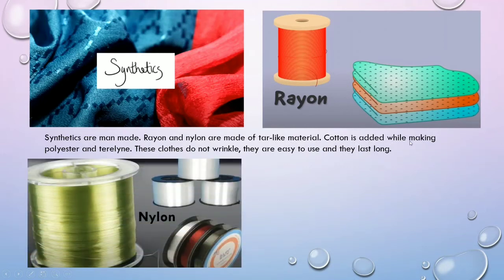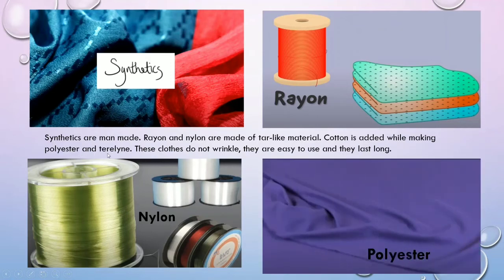Cotton is added while making polyester and terylene. These clothes do not wrinkle. That is, they do not crease. They are simple, easy to use, and they last long. So what is this cloth made from?